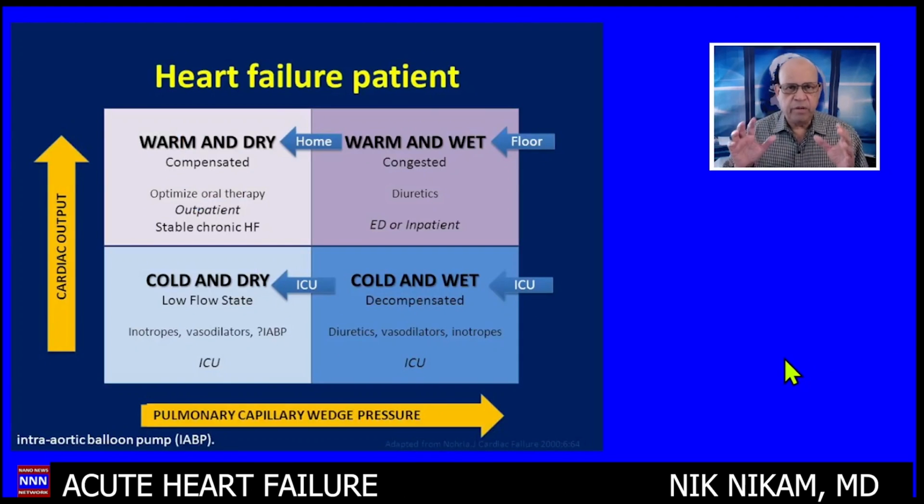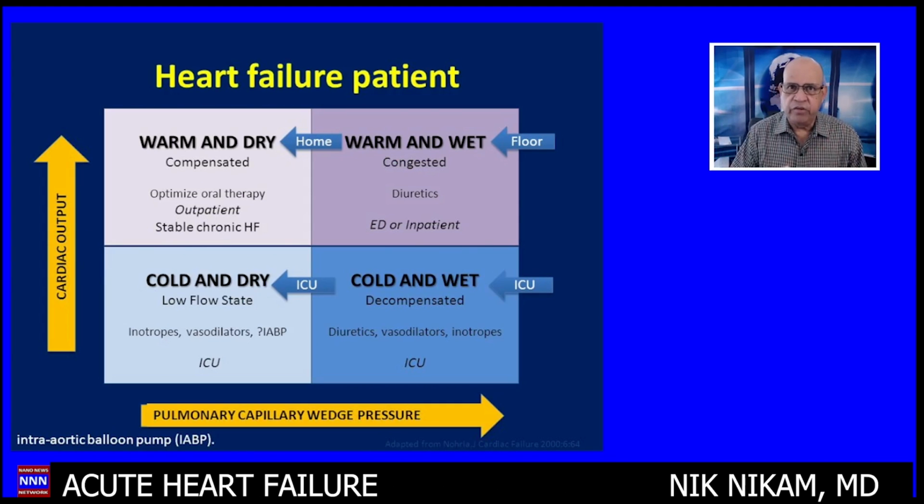So when a patient comes to us, first of all, we need to decide what kind of decompensation we are dealing with. Is the patient warm and dry? Is the patient warm but wet, congested, with fluid overload? On the other hand, the patient could be cold and dry.